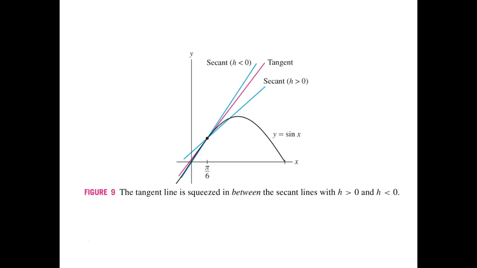It's squeezed in between the secant lines: when h is positive, that would be here, or when h is negative, that would be here. I mean, the tangent line is between those two secant lines. Obviously, the h here was much larger positive than this h was negative, because I can't even tell what that negative h was.